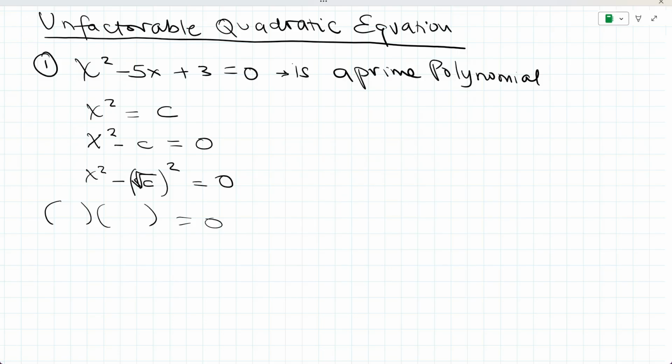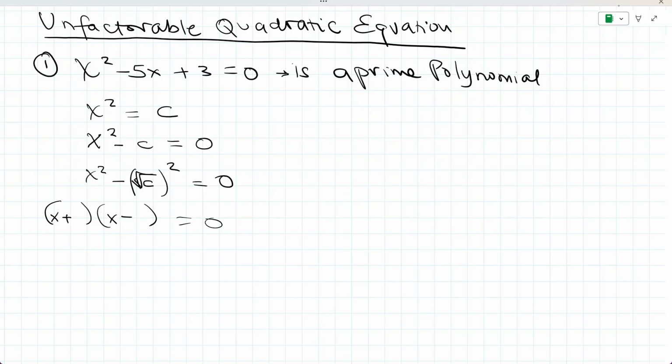So using that knowledge of a difference of squares, we know that in one of the parentheses we'll have a positive, and in the other we'll have a minus. And since x squared doesn't have any factor before it other than 1, we are left with x to be placed in both brackets or parentheses, because x times x will give us x squared.